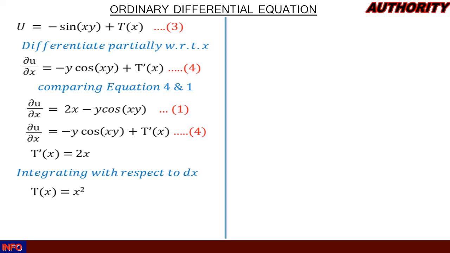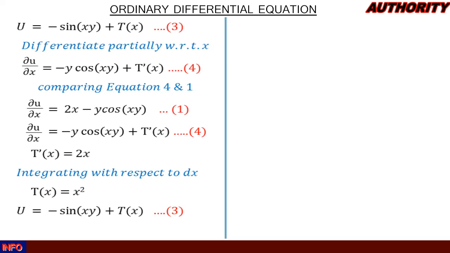Now, look at our equation 3. Our equation 3 said that u is equal to minus sine xy plus t of x. And now we have found t of x to be x squared.